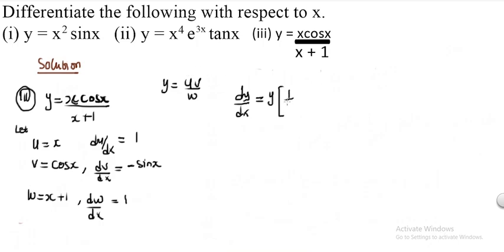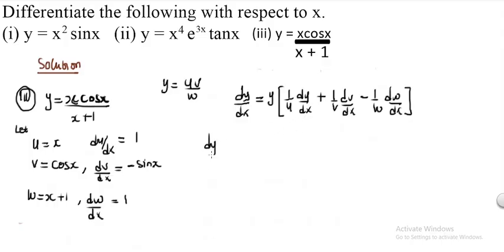So it's simply 1 over u du over dx plus the next term on the numerator is v. So this is 1 over v dv over dx minus, now the term on the denominator is w. So this will be 1 over w dw over dx. And then we can go ahead and plug in everything we have into this formula.